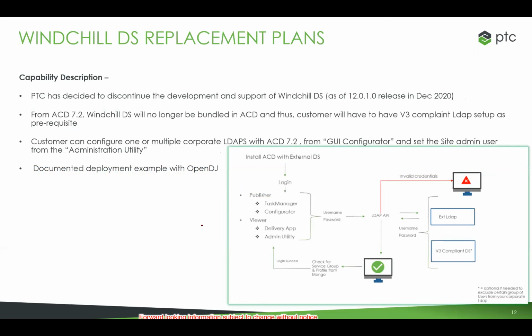And the other big improvement or highlight that I would like to focus on for 7.2 will be the replacement or retirement of Windchill DS. Windchill DS is the PTC homegrown solution for directory services, and PTC has made a decision to discontinue its development and support. That happened around December 2020 across all its products. We are also adopting that change, following that guideline, with ACD 7.2, and we are decoupling it from ACD itself.